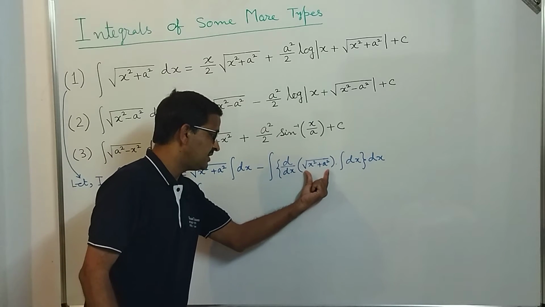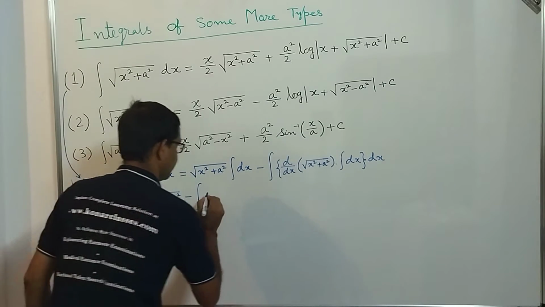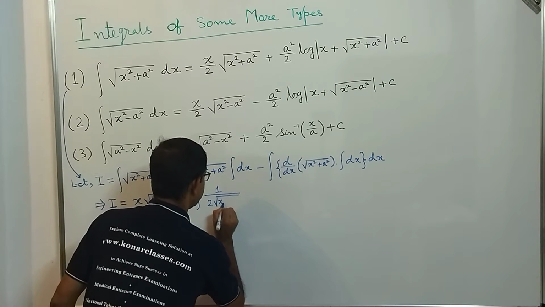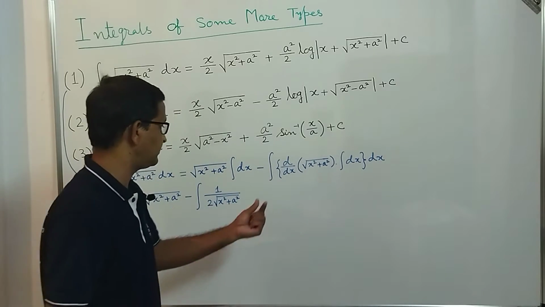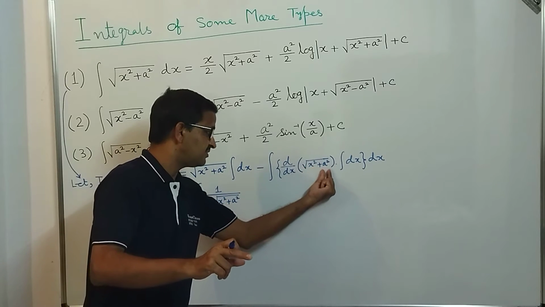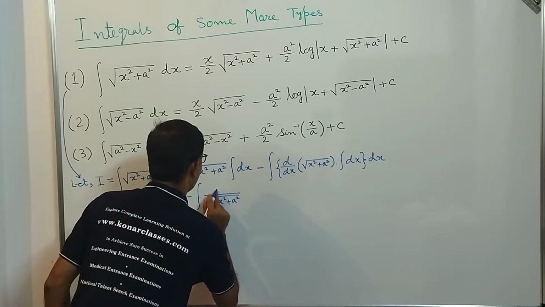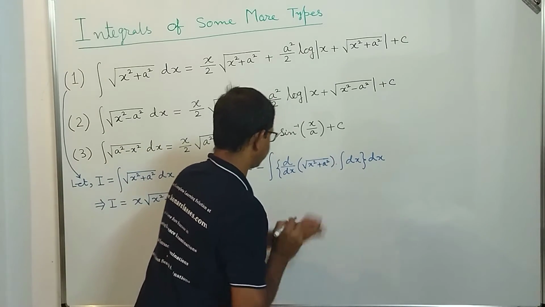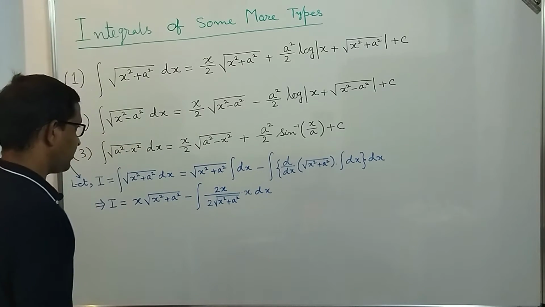First we do the differentiation of the square root, that is 1 by 2 into square root of x square plus a square, into the differentiation of x square plus a square, that is 2x plus 0, because a square is a constant. Instead of 1, we write x, the integration of dx, then complete dx.